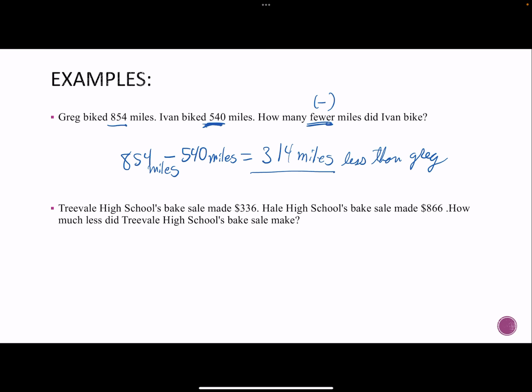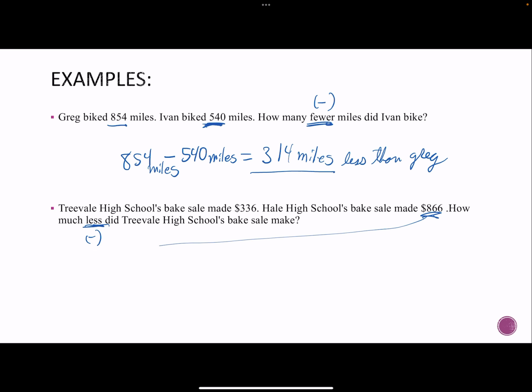Example 2. So Treevale High School bake sale made $336. I feel like that's pretty successful. Oh wait, never mind. Hale High School's bake sale made $866. Oops. So how much less did Treevale High School's bake sale make? Again, what we want to do, because it's the word less, is we are going to be wanting to use subtraction, right? I want to know how much less Treevale made.